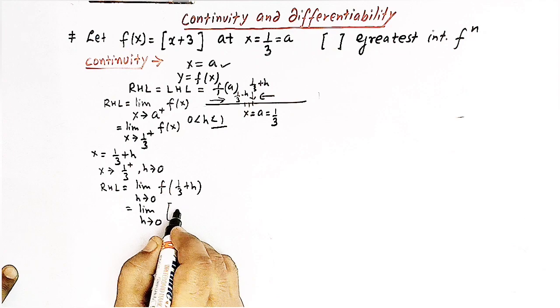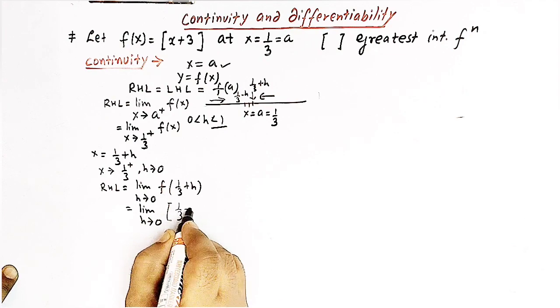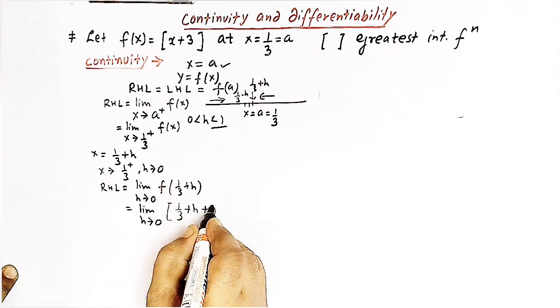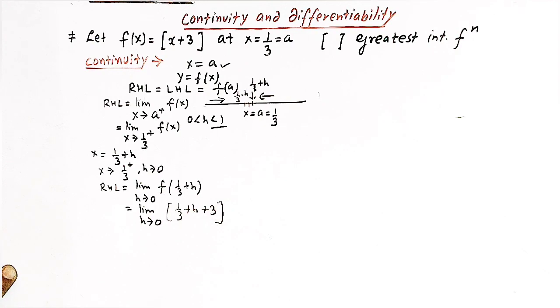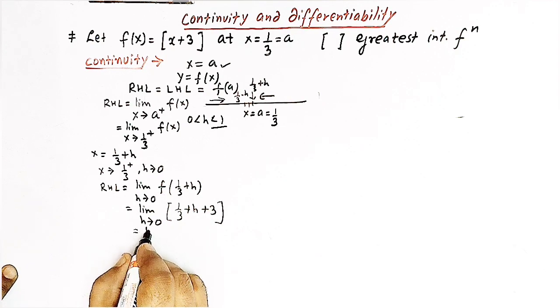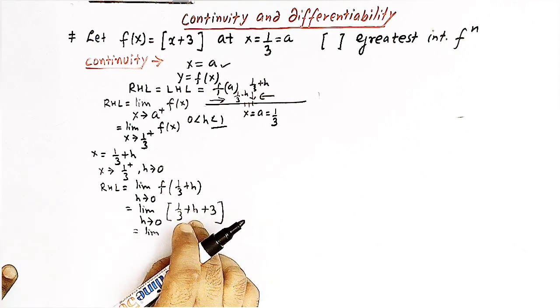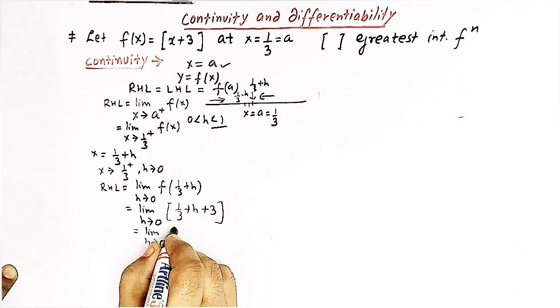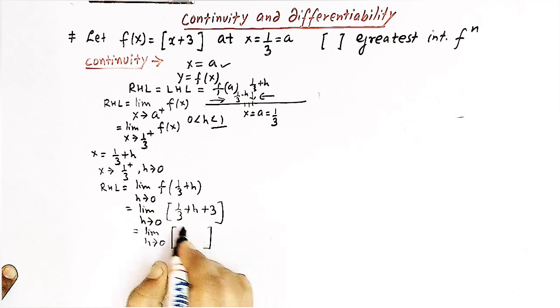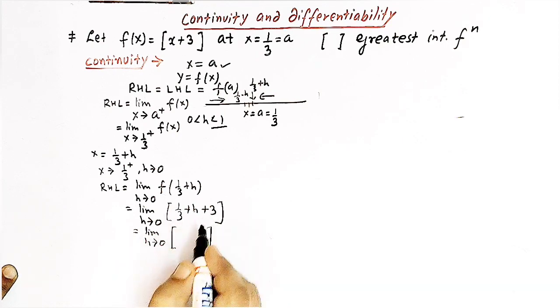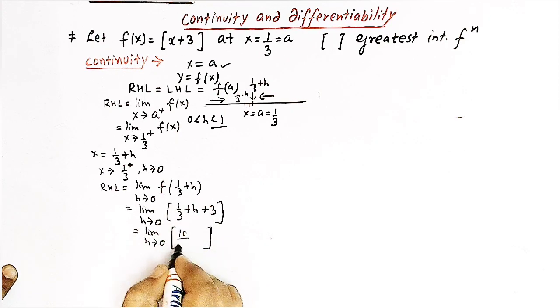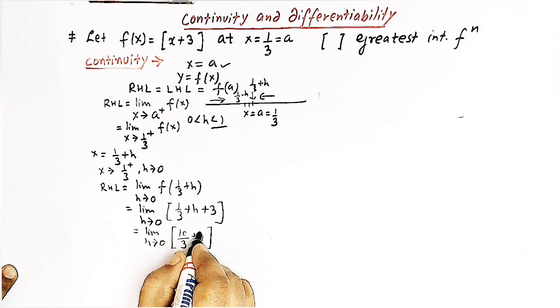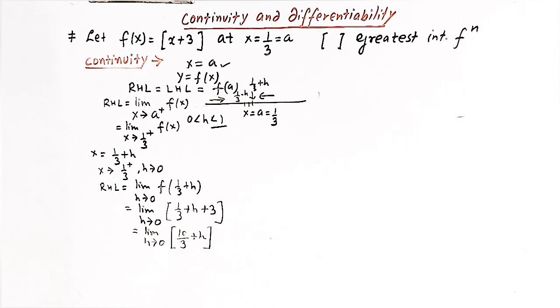So we have the greatest integer of 1 over 3 plus h plus 3. Now we can simplify this expression. We have limit h tends to 0, and 1 over 3 plus 3 is 10 over 3, and here we have h.